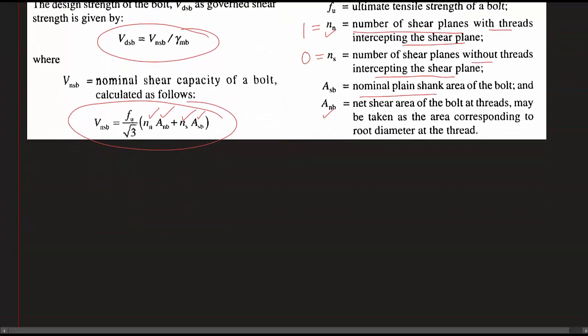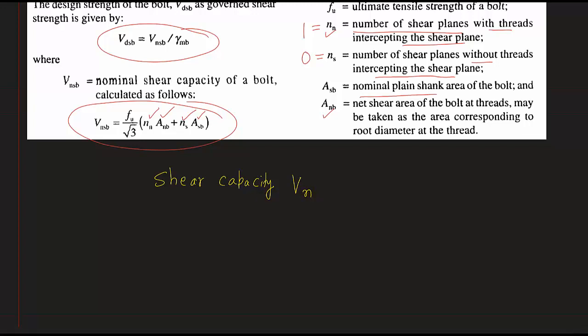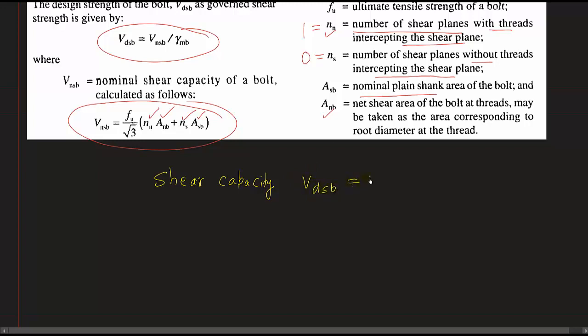So if we use this, we can calculate Anb and Asb. So let us find the shear capacity. So this is shear capacity, Vdsb, and this is equal to Vnsb divided by gamma mb.